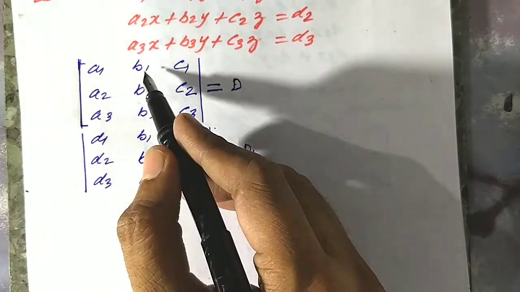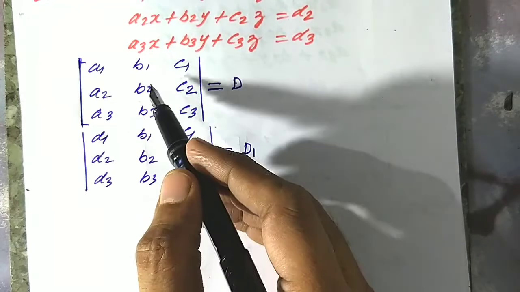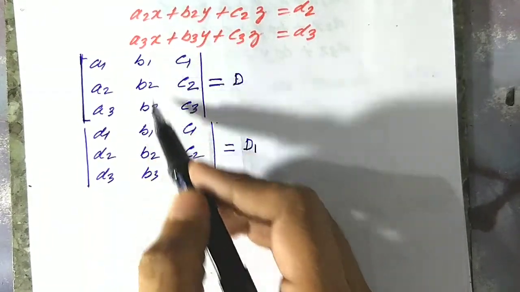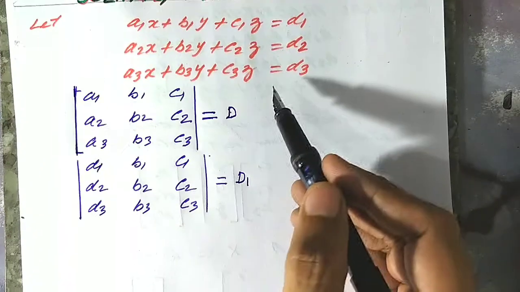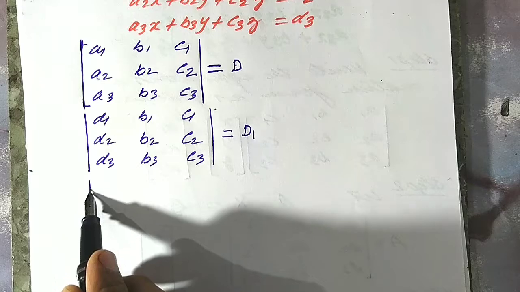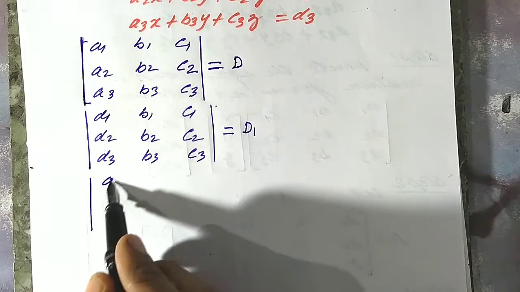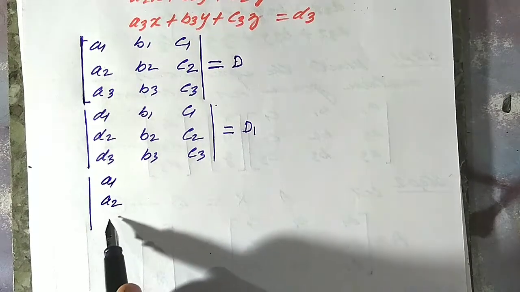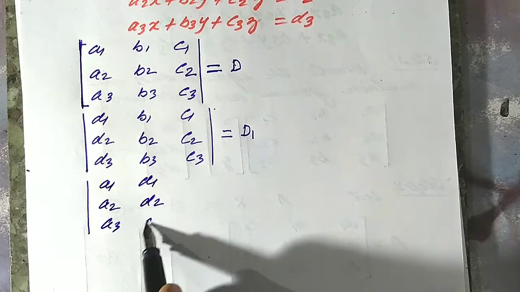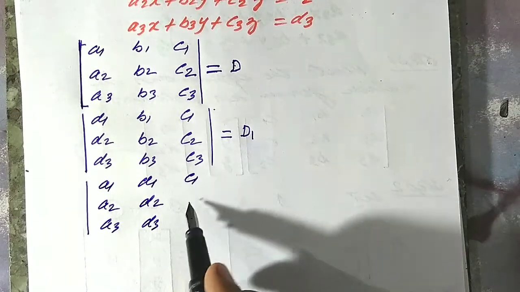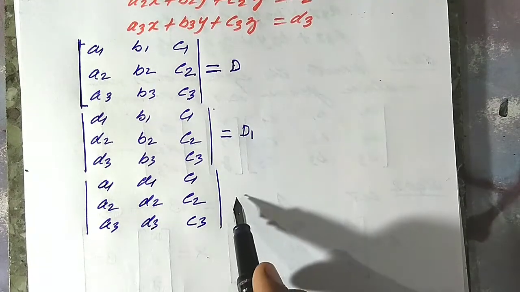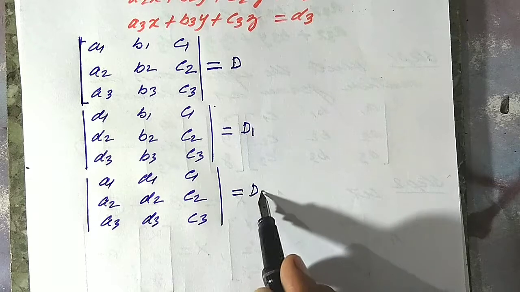In the next step, we prepare a determinant replacing b1, b2, b3, that is the second column of this determinant, by these constant terms. So we have determinant a1, a2, a3, d1, d2, d3, c1, c2, c3, and this determinant is denoted by D2.